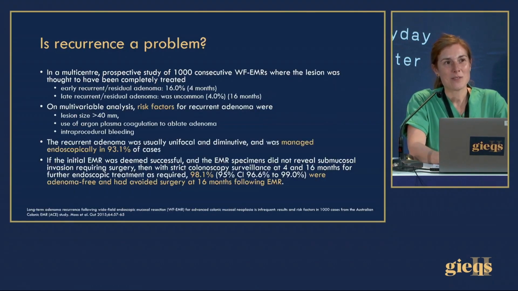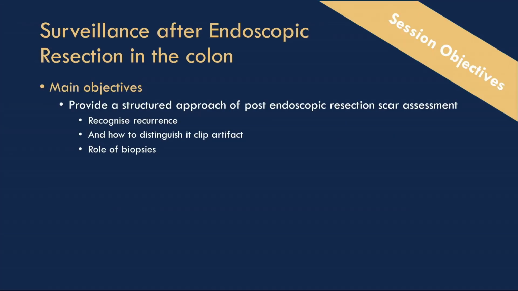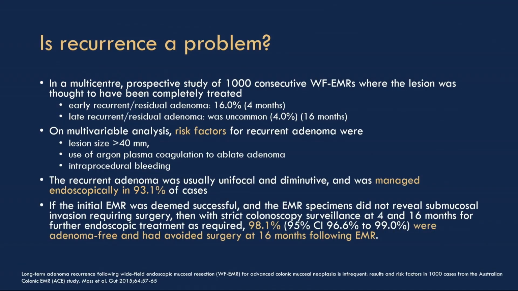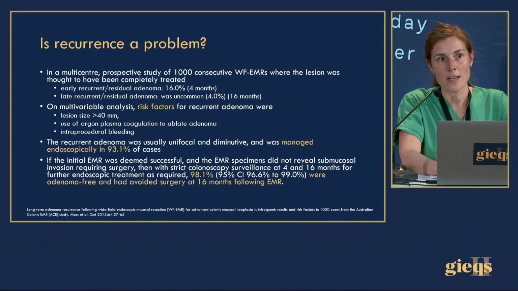I have no disclosures. Firstly, this is a very busy slide, I recognize that, but what we want to know is, is recurrence a problem? Well, it sure is. 16% will recur after 4 months, 4% after 16 months. Risk factors for that are larger lesion size, use of APC to ablate adenoma, and intraprocedural bleeding.